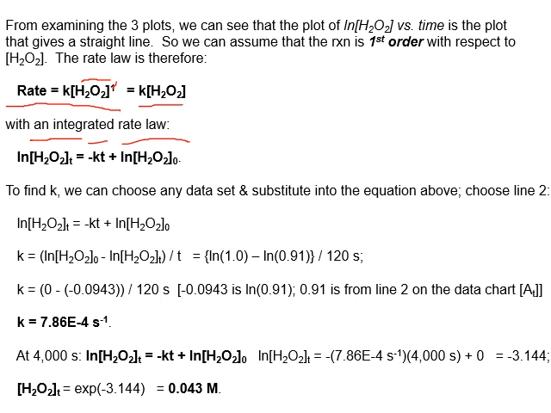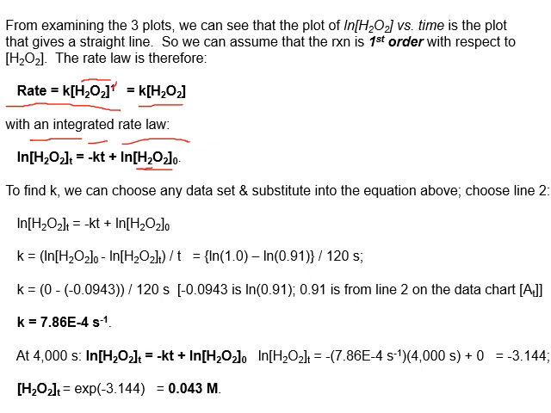To find k, we can actually choose any of those rows of data, find the H2O2 concentrations here, and then we know what the time would be. So you would have to take one line of data to be your first time, and then another line of data would be after some time t has gone by. I can't go backwards, but if you're interested, you can go back and look at the data at the beginning of the problem.